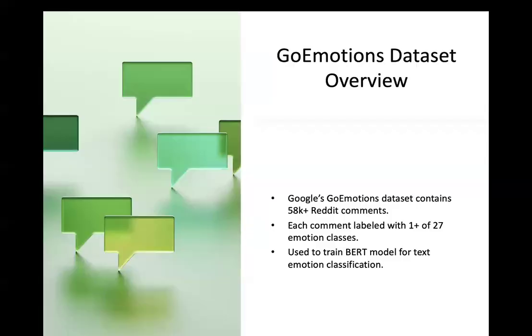The next slide is about classifying the emotion behind a user message. We used Google's Go Emotions dataset. This dataset contains 58,000 Reddit comments, each labeled with one or more emotions from a set of 27 fine-grained categories, including joy, anger, gratitude, sadness, and more. We fine-tuned the BERT-based uncased model using this dataset.